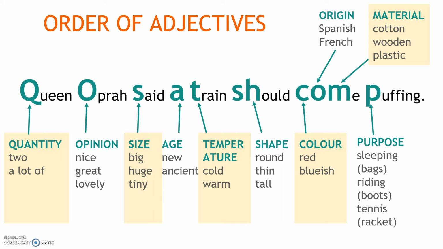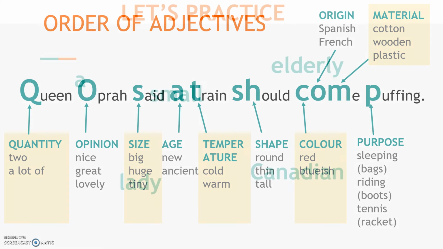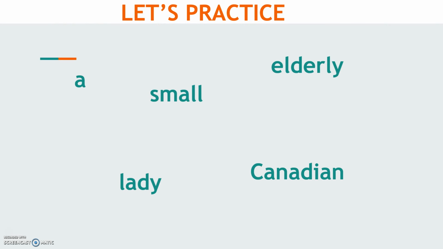I'm going to give you some seconds so that you can think of how you would organize them. Okay, let's see the first example. So you have all these words and you need to create a sentence. Okay, let's think for 10 seconds.